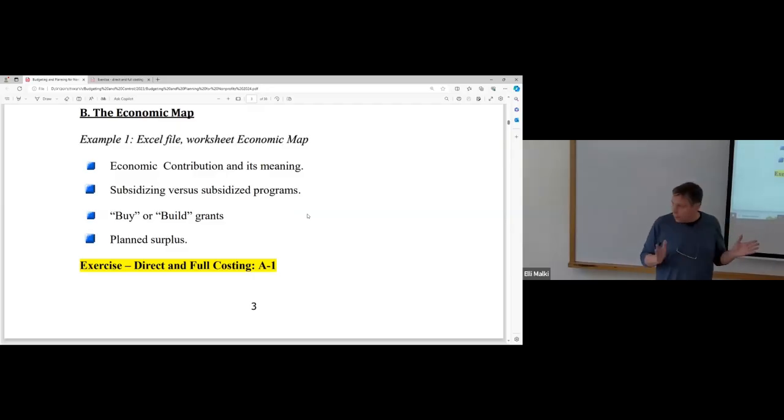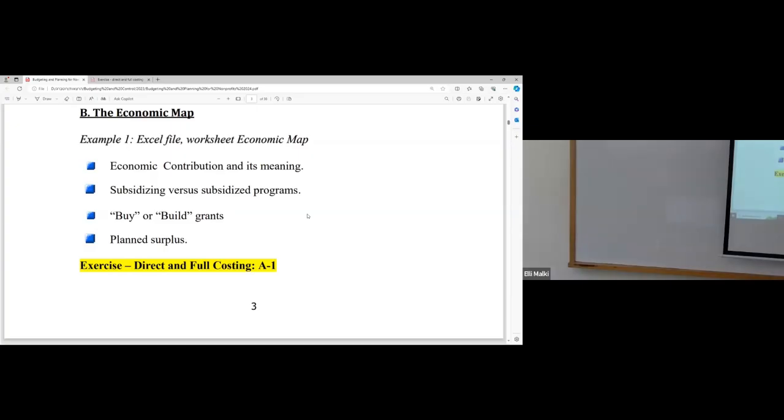We have programs with positive economic contribution and programs with negative economic contribution. When we have to take a no-go decision, meaning we have to close one of the programs, we have a reduction in income. We cannot raise enough income to cover all our expenses, and we start considering what to do. One of the options is closing.